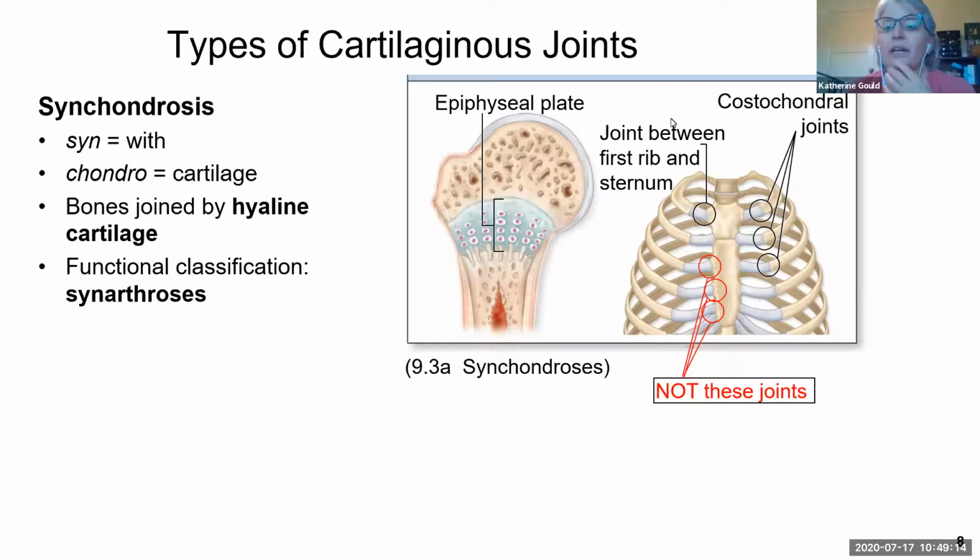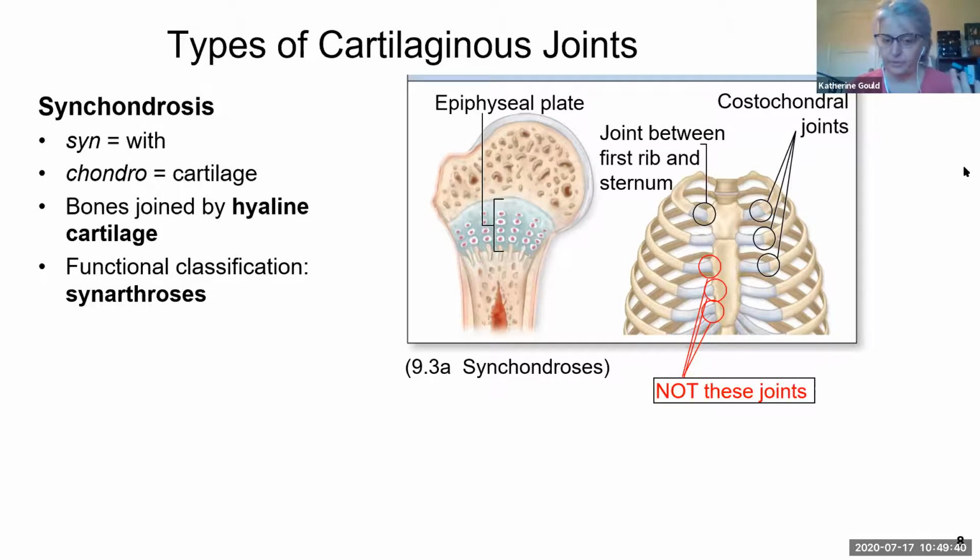Now, between the ribs and the costal cartilage, those costochondral joints, those are synchondroses. The joints between ribs number 1 and 2 and the sternum, those are also synchondroses. So it's just the cartilage to the bone directly.